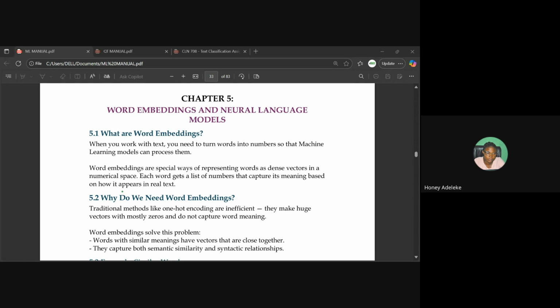Whenever we are talking about word embedding, let's have it in mind that there is something we call a space, and what we want to check is how close those words are to each other in that space. The space is termed a vector space. I'm going to share my whiteboard and draw a 2D graph, maybe it's going to help our understanding better.